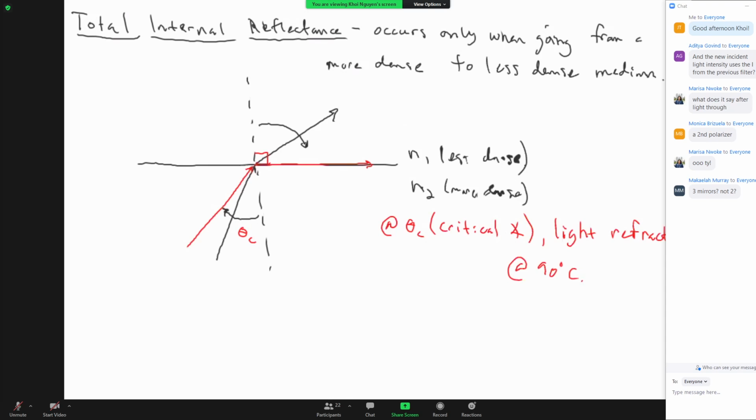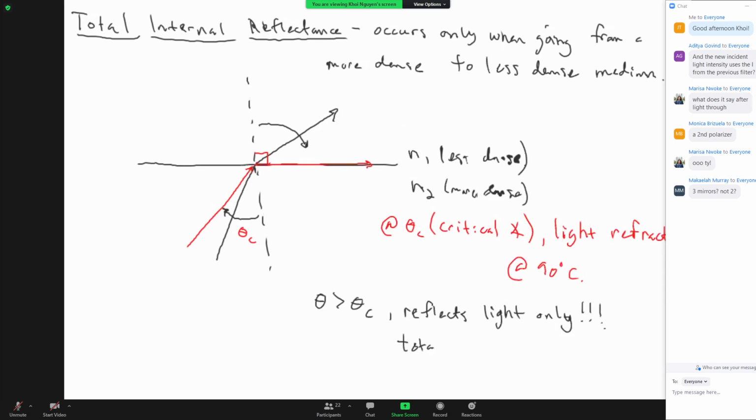Why do we care about that? Because any angle greater than theta C reflects light only. So that means what?